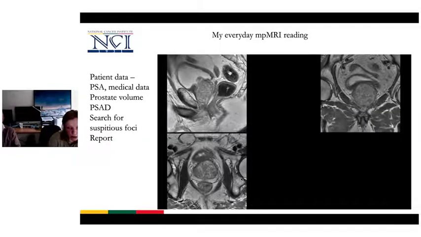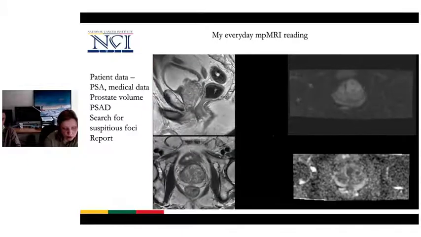So how do I do my everyday reading? As I have told you already, of course, I start from patient data. I look for PSA, medical data, referral information, and then I get my T2 sequences. It's sagittal, axial, sometimes coronal. I look at the general images of the prostate, then I measure the volume of the prostate, calculate the density of the gland, and then I search for suspicious foci.